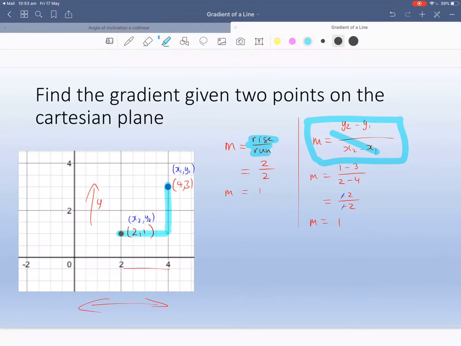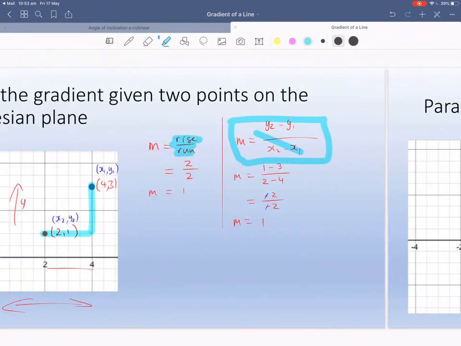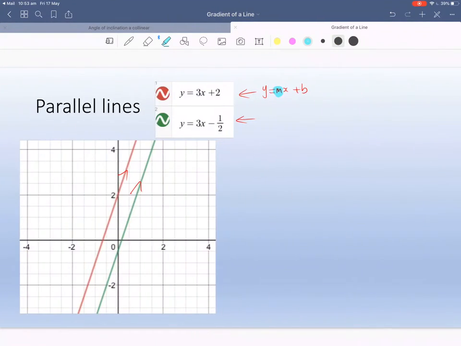All right, let's look at more examples. Let's talk about parallel lines. Parallel lines are lines that have exactly the same gradient. Both of these are equations of lines, written in this form. Now, m is exactly the same as what we used here, which is the gradient. The number in front of the x is the gradient, and this is the y-intercept.